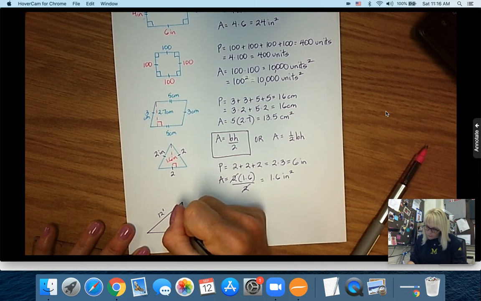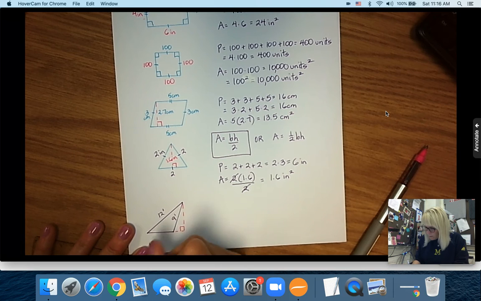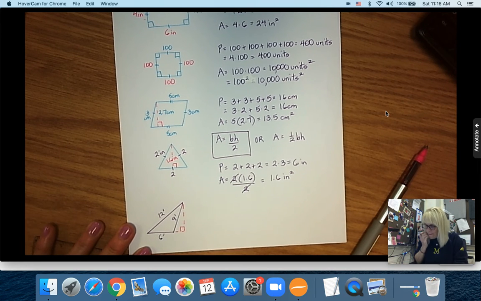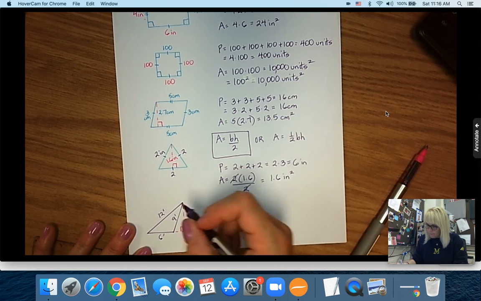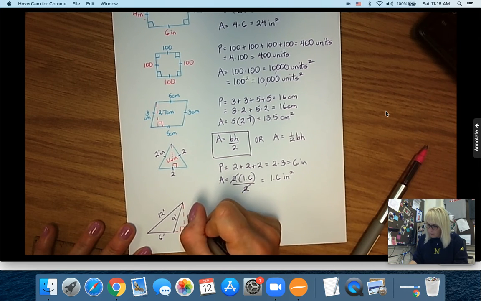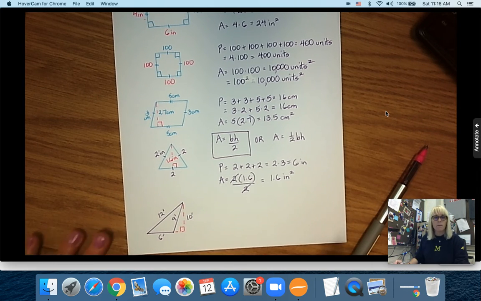Let's call this one 9 feet, and we'll call this one 6 feet. Okay, and we're going to call this height, and again, just making these numbers up, let's do 10 feet, just to make our life easier.